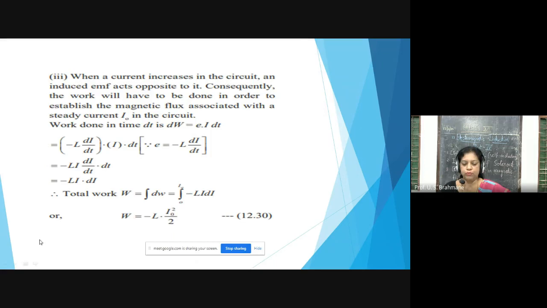So we have W equal to L I0 square upon 2. This is the equation of work done. If the current I0 is 1, then we'll see that self-inductance is twice the work done.